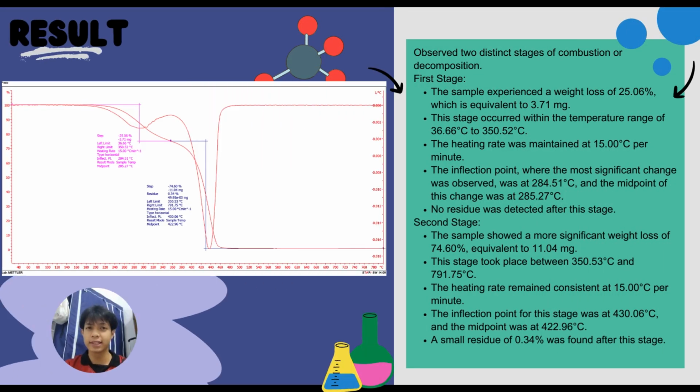So we move to the next slide, which is the result. In our thermogravimetric analysis, TGA, of the sample, we observe two distinct stages of combustion or decomposition. In the first stage, the sample experiences a weight loss of 25.06%, which is equivalent to 3.71 mg.